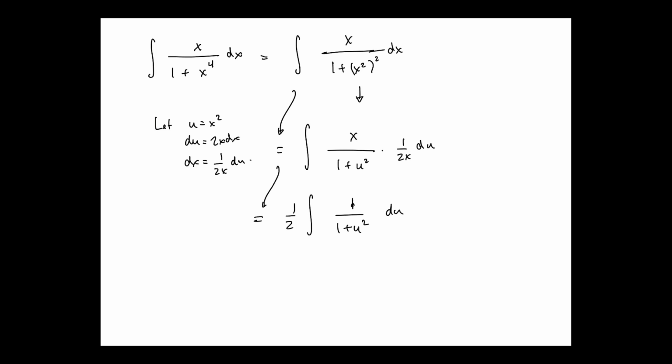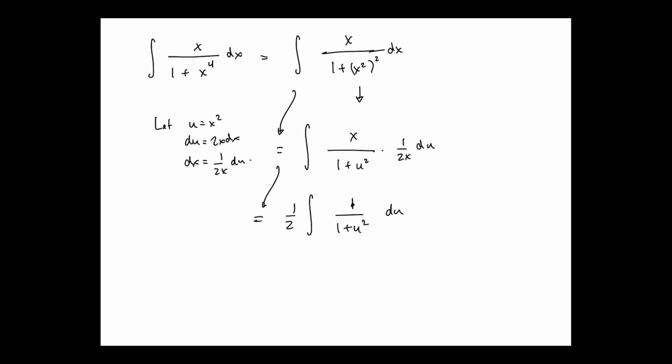Okay, and so it might look like, wait a minute, Dr. McKinney, that has not really helped matters, has it? Except, do we happen to know about 1 over 1 plus u squared? What is that? Exactly.